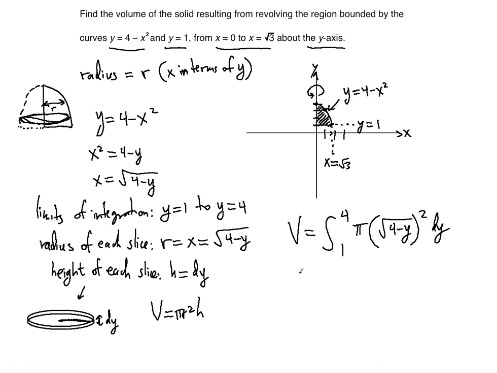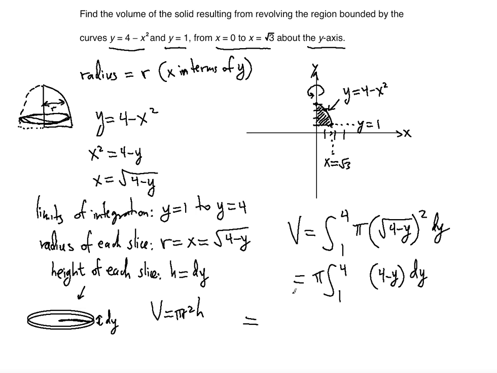I'm going to take pi out, from 1 to 4, of 4 minus y dy, because squaring the square root gives you whatever's inside.